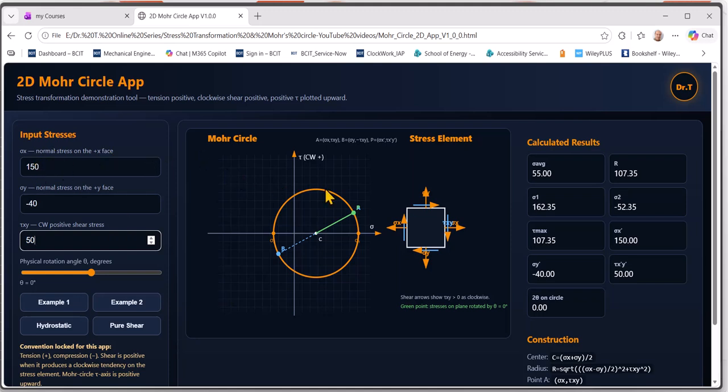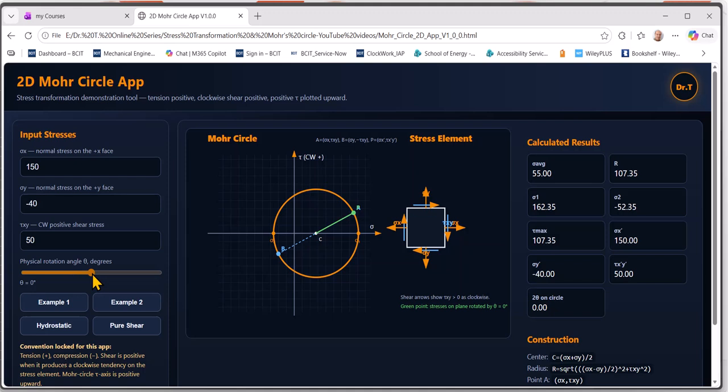So you see that for these values, I get the average 55, sigma 1 is 162, 52 sigma 2, tau max, we saw that. And then if you look at this here, for any point that you have on the circle, you can also manipulate this.